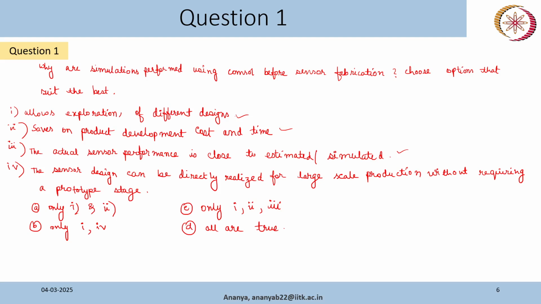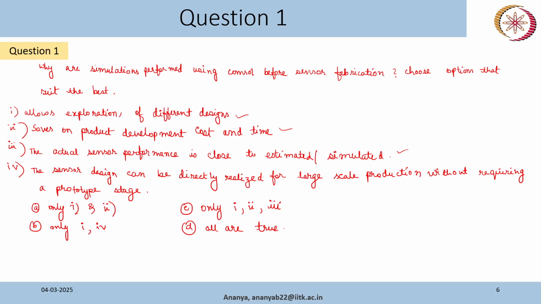But maybe when you are depositing or synthesizing the material using some chemical technique, the properties may not be exactly the same. You are not using those properties in your simulation. So the ideal way is that you start with your simulation.